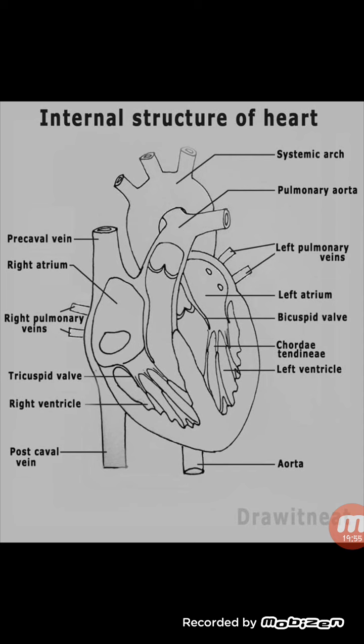Next one, external structure. Heart has four chambers. Two upper chambers are called auricles. Lower chambers are called ventricles. Auricles and ventricles are separated by a deep transverse groove called coronary sulcus. Next one is internal structure of the heart. Heart consists of auricles, ventricles, nodal tissue and aortic arches.